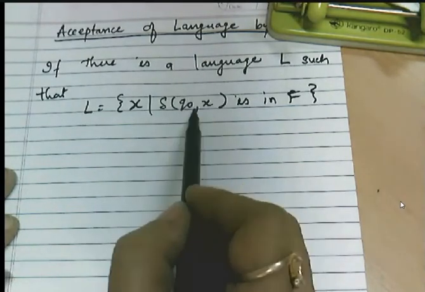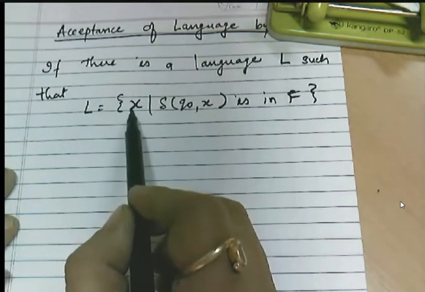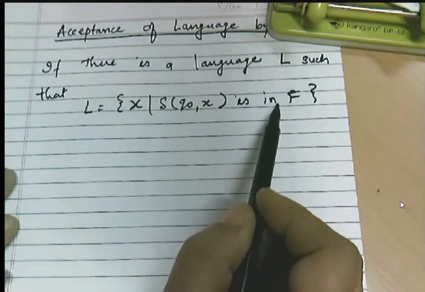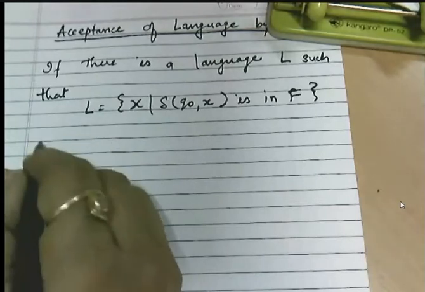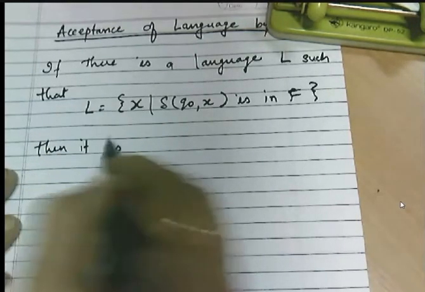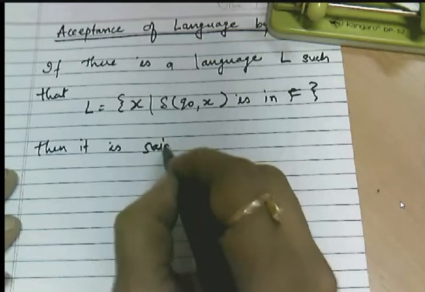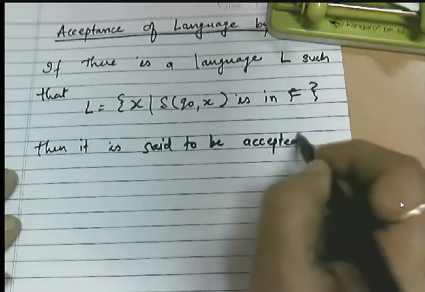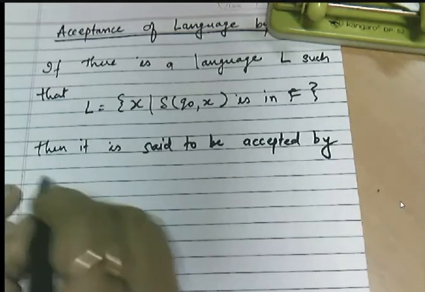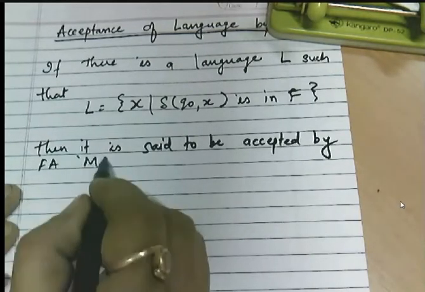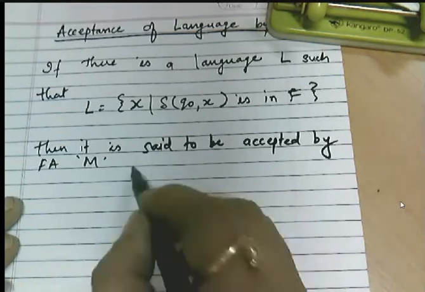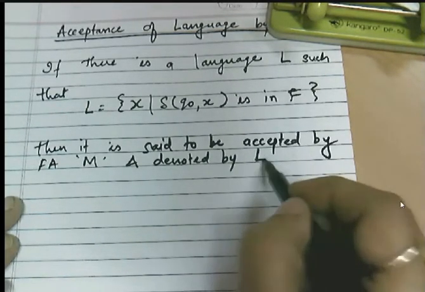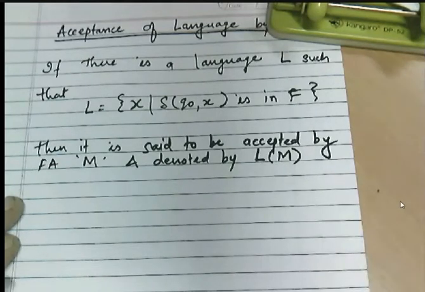That every string in this language will be accepted by the finite automata. Then it is said to be accepted by FA M, and it is denoted by L(M). I have already told you this.